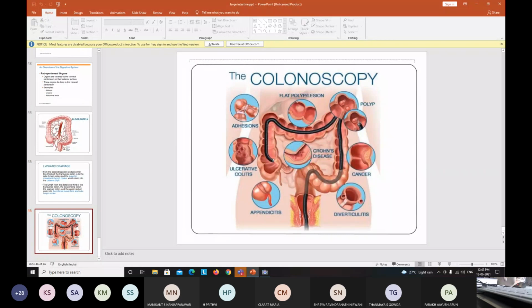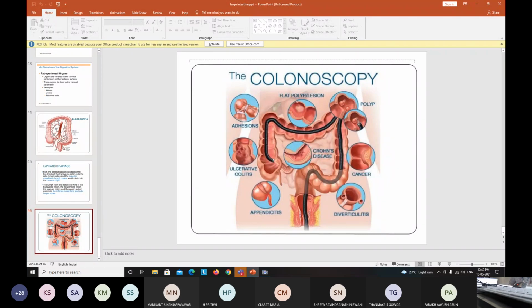So lastly we will discuss some applied aspects of the large intestine. Carcinoma of the colon, that is common. Then ulcerative colitis: in the wall of the colon there will be ulcers. Then adhesions.